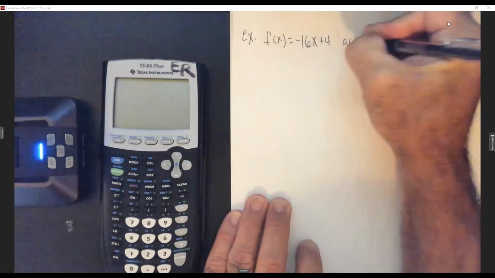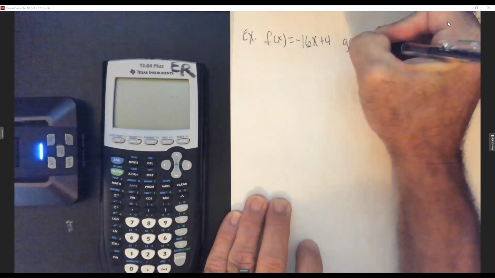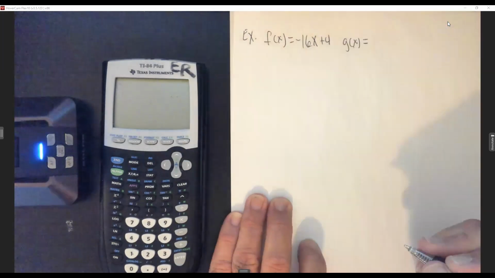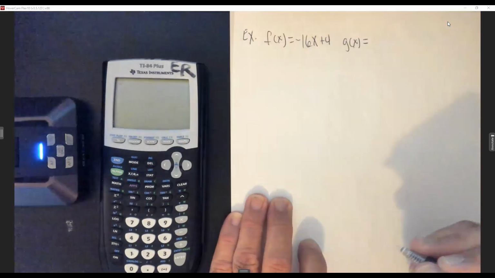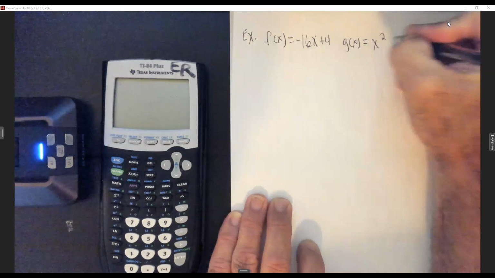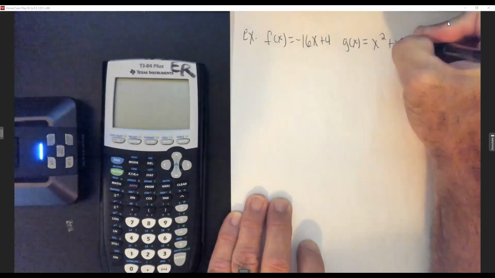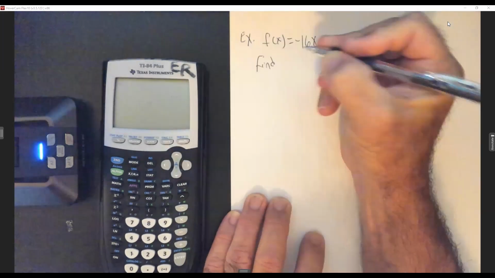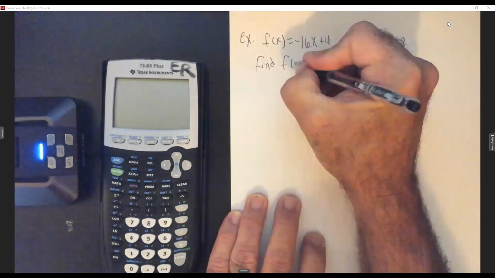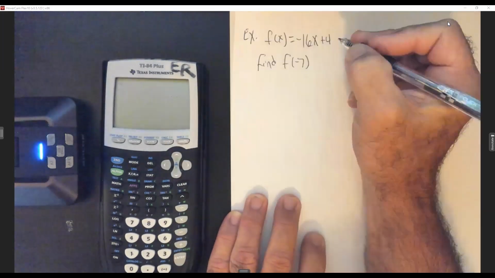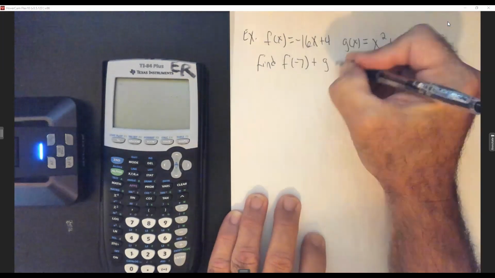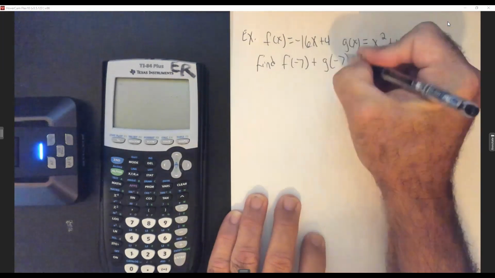G of x is going to equal x squared plus 18. So watch this. They want us to find f of negative 7 plus g of negative 7.